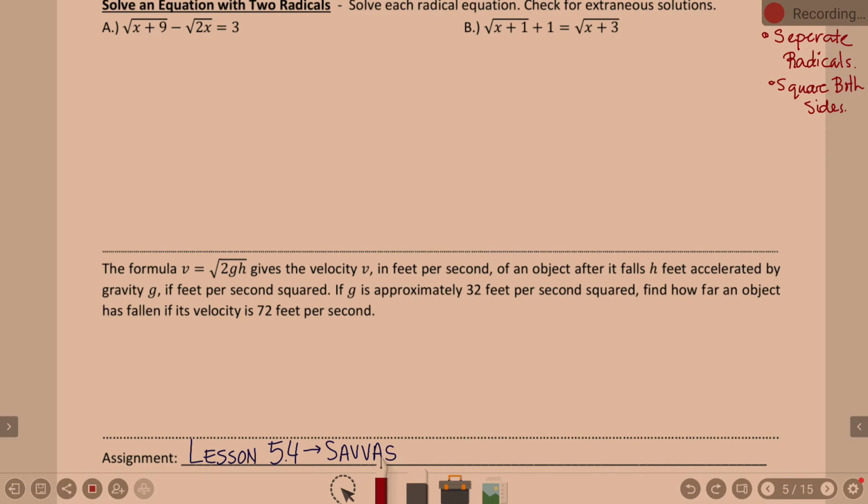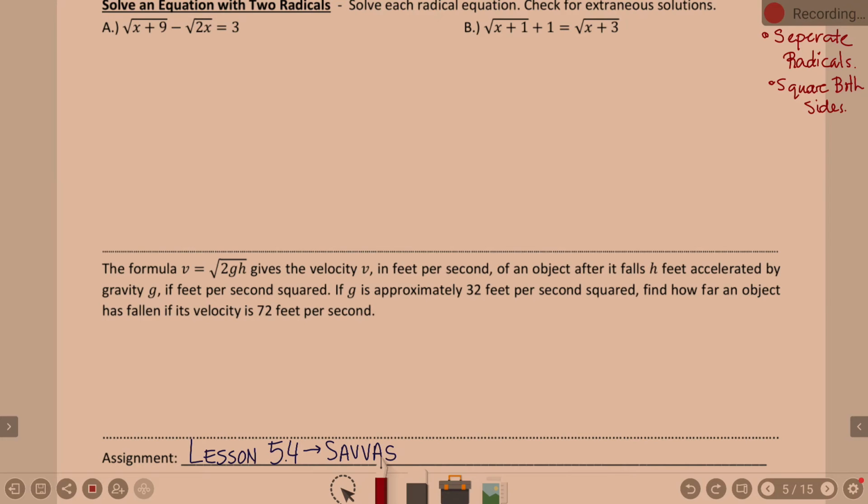So, as I look at example A here, I have two radicals, yes? They're on the same side of the equation, which I don't want. I want to get them on opposite sides of the equation. Which one's going to be easier to move? Probably the square root of 2x, yes? How do we move a minus square root of 2x? Plus it, right?